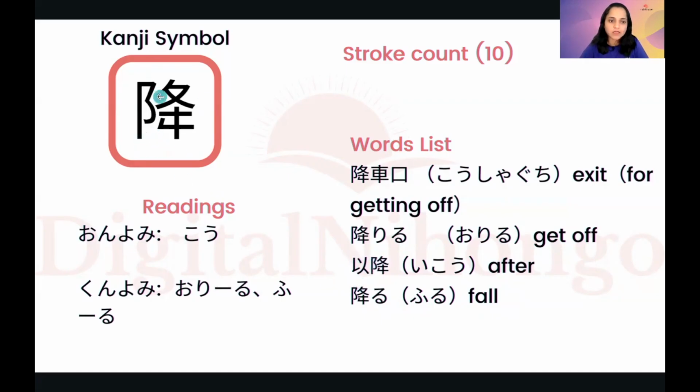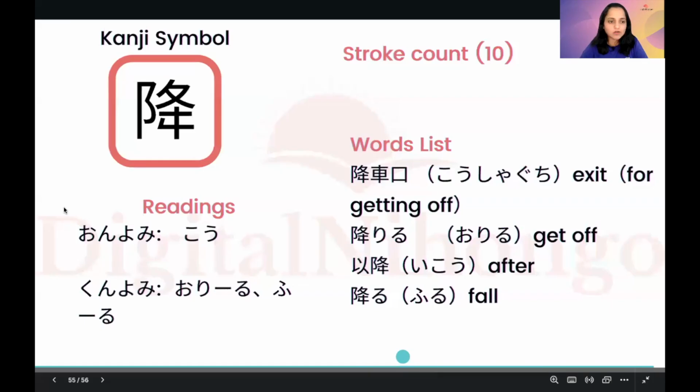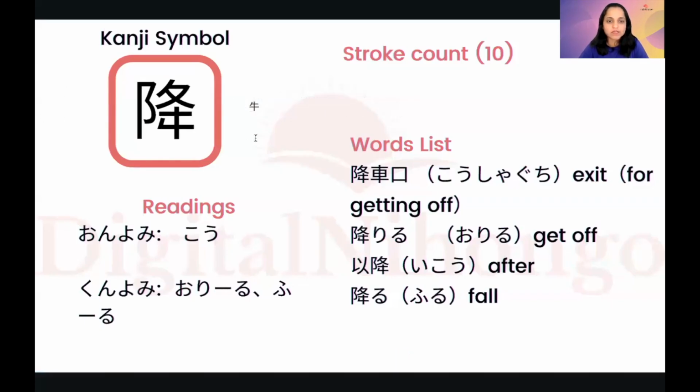See this kanji symbol again, this radical from kaku, and this part, something looking similar to the kanji of gyu, that is from gyunyu, or ushi, the kanji of cow. It's looking similar to that, only this stroke is here in this kanji, and in the other it is here. That is the difference.